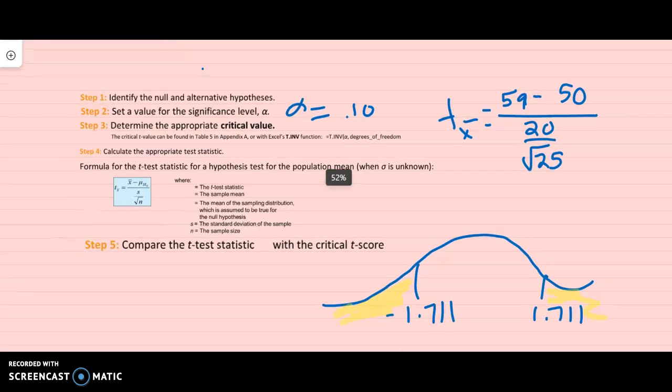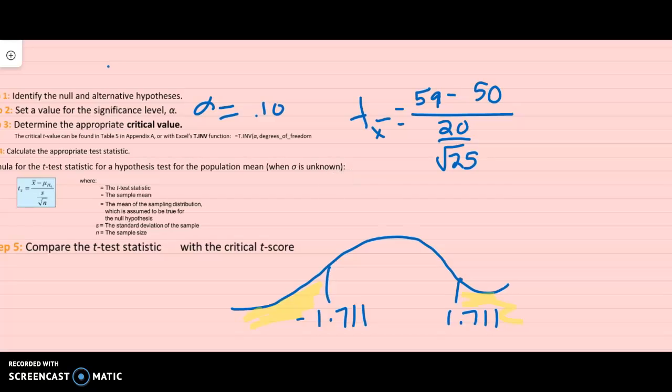So when you calculate that, you get 9 on the top and then 4/5 on the bottom.